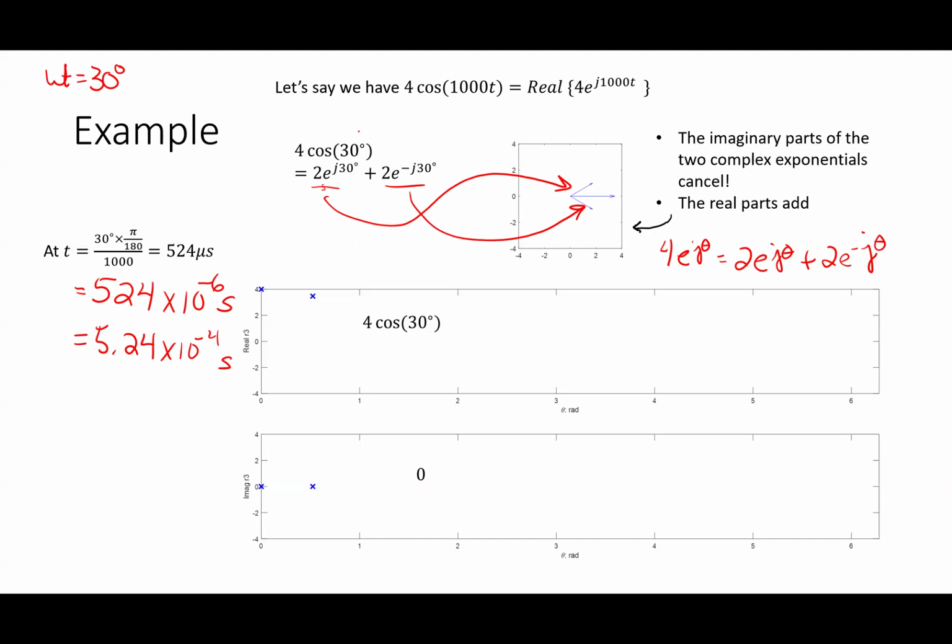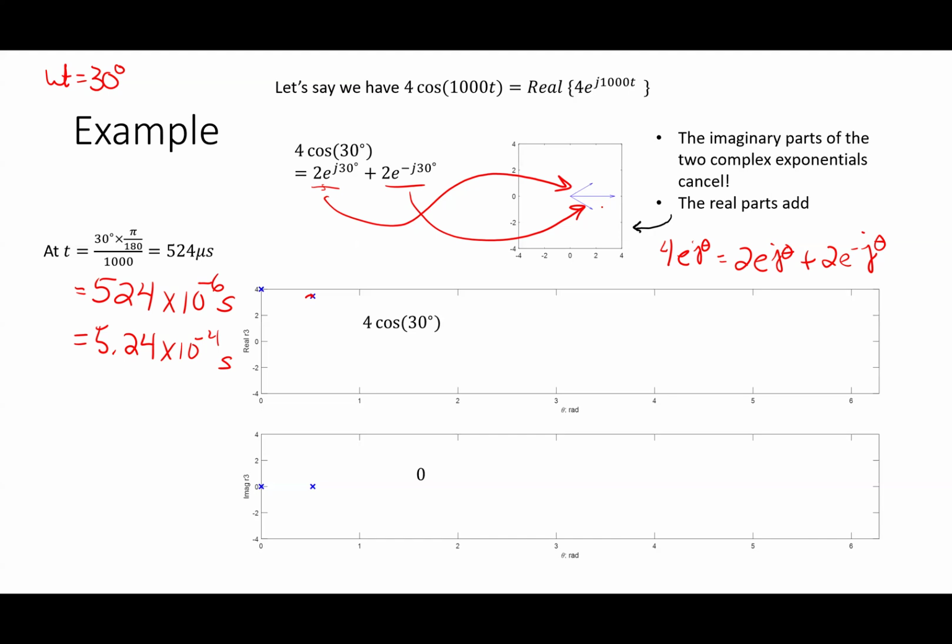And so if I looked at this over time, if I look at the real part, the summation of those things is entirely real. What I see is basically 2e to the j30 going up, 2e to the negative j30 going down. If I add those two together, do they have an imaginary part? No. Those imaginary parts cancel each other and the summation is longer.